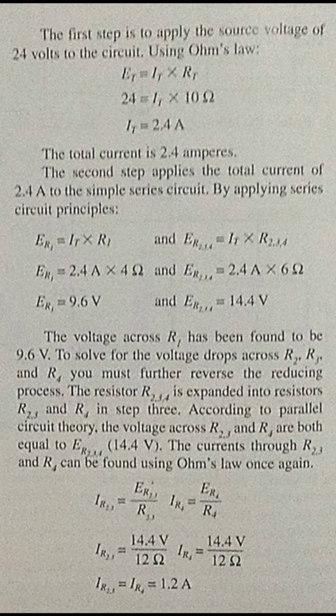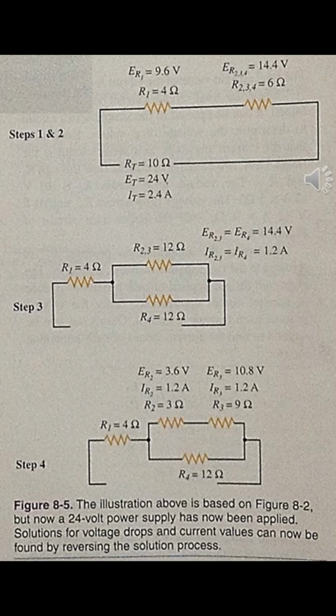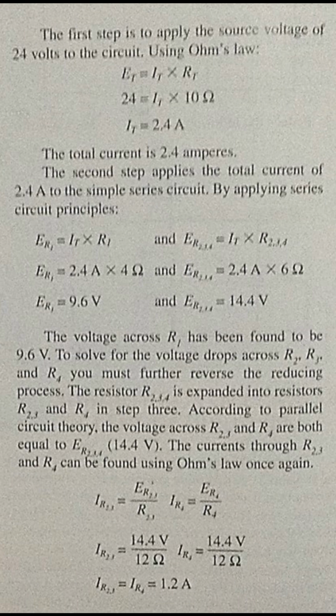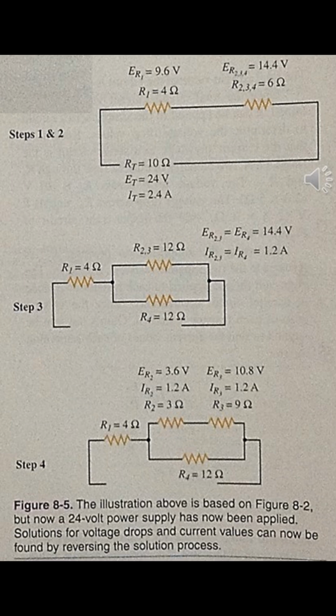The second step applies the total current of 2.4 amps to the simple series circuit. By applying series circuit principles, voltage R1 equals current total times resistance 1, and the voltage drop at R2, 3, and 4 equals current total times the resistance of R2, 3, and 4.